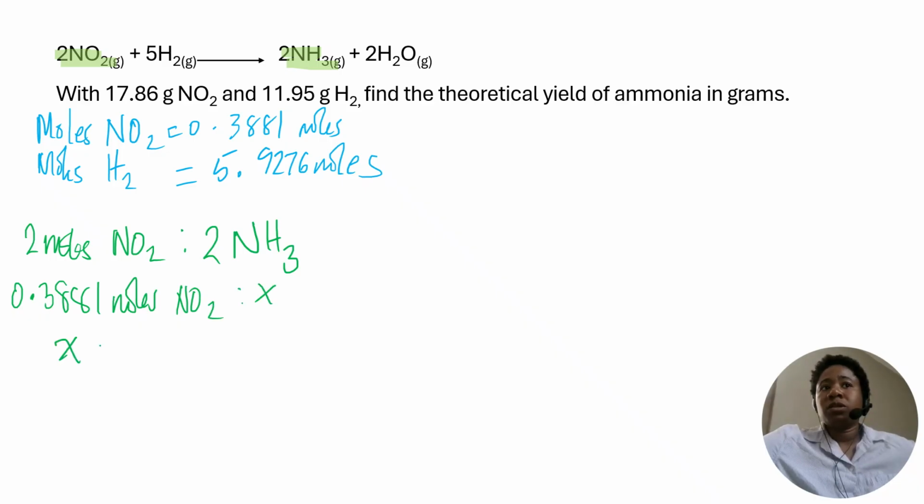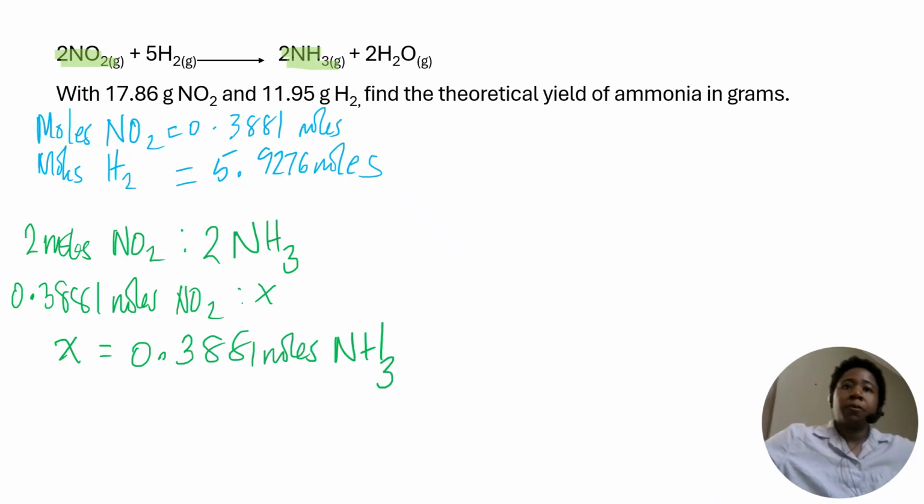It's essentially 1-to-1, so you see that it will be 0.3881 moles of ammonia.